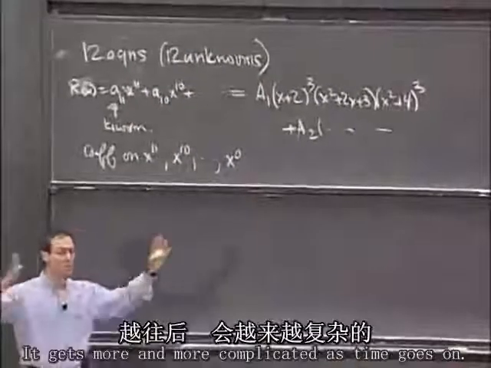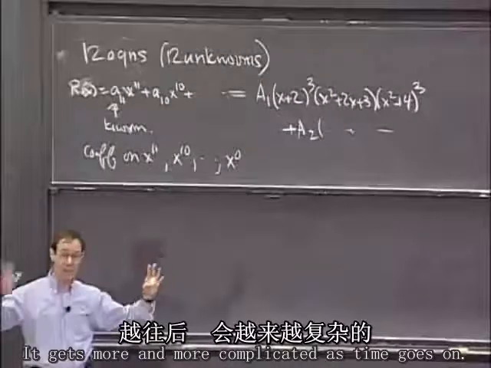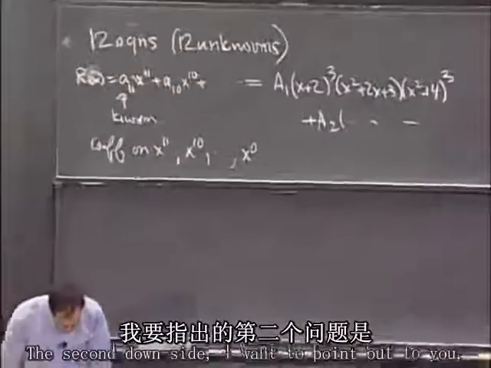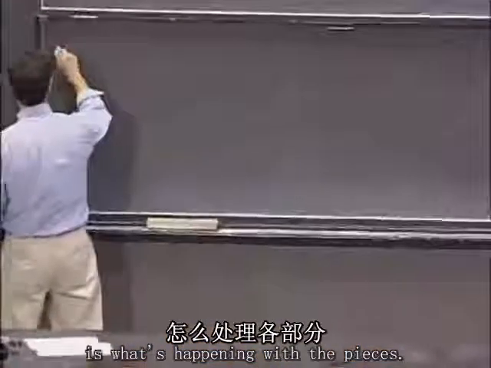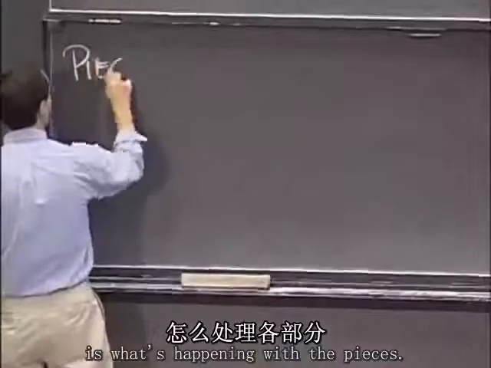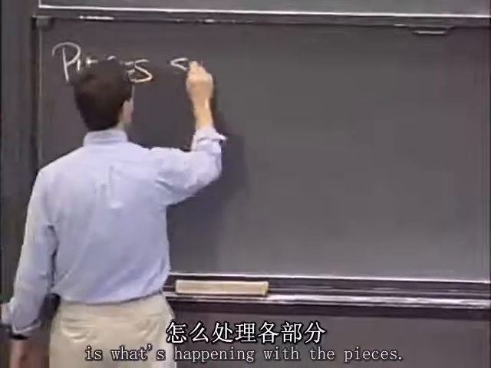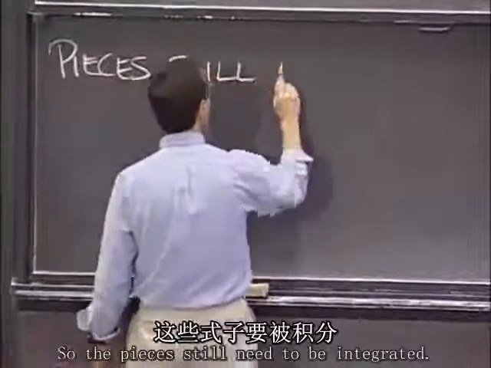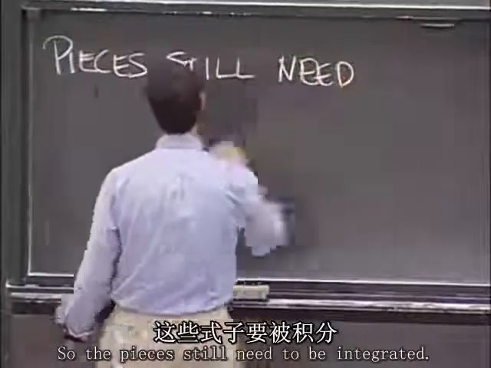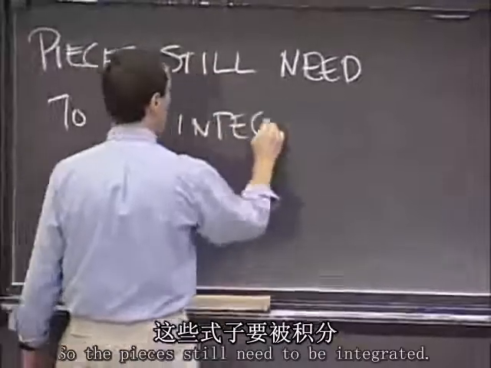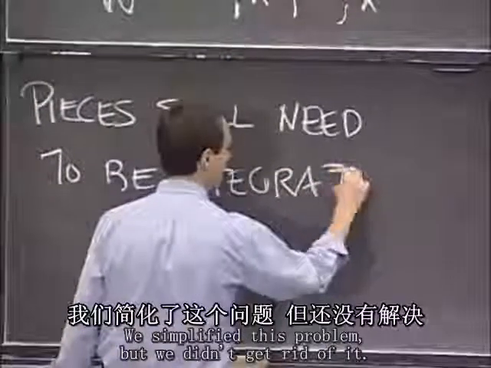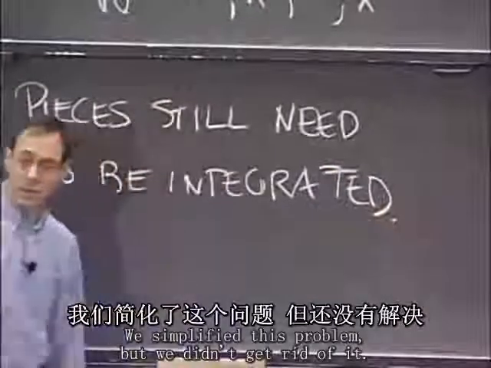So that's the first downside to this method. It gets more and more complicated as time goes on. The second downside I want to point out to you is what's happening with the pieces. The pieces still need to be integrated. We simplified this problem, but we didn't get rid of it.